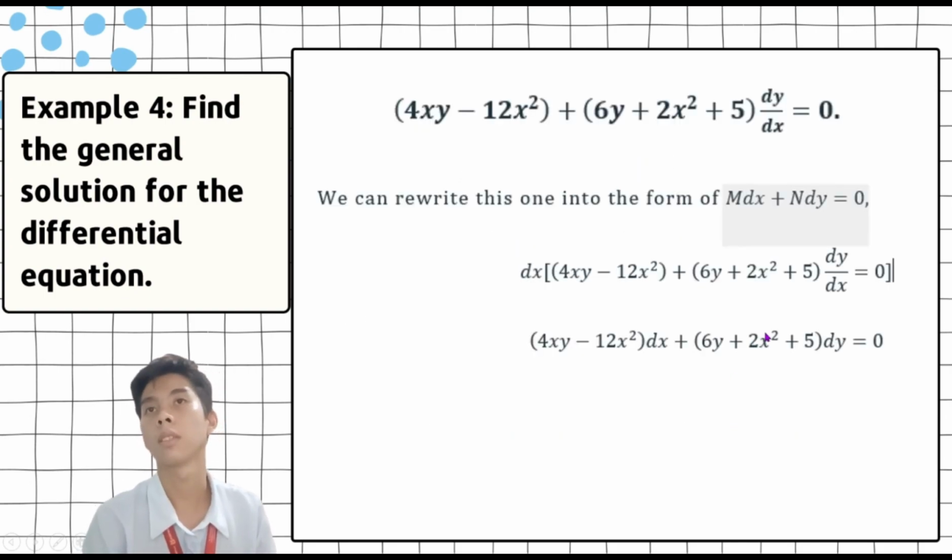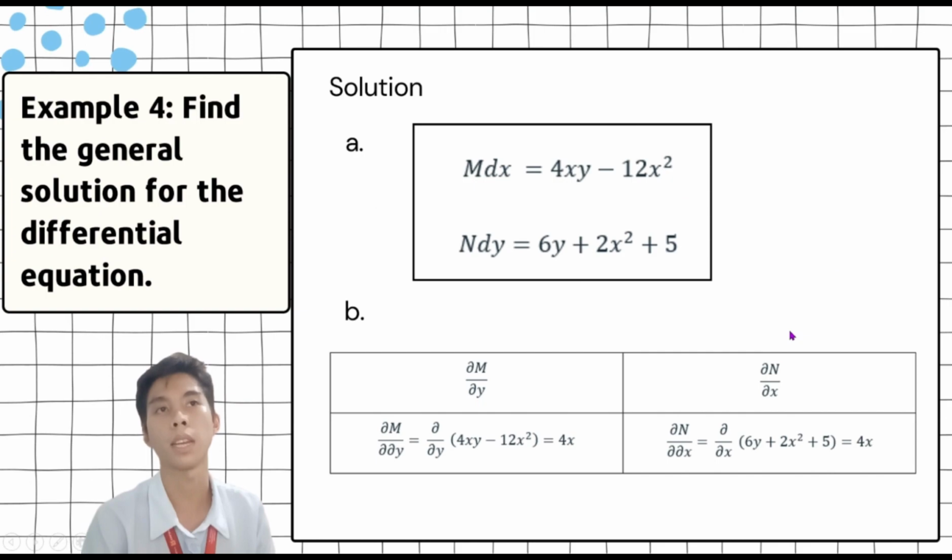Now we can identify the value of our M dx and the value of our N dy. The value of our M dx is 4xy minus 12x squared, and for N dy it is 6y plus 2x squared plus 5.